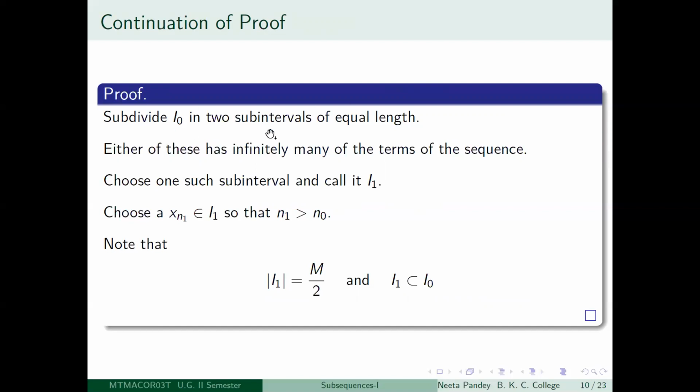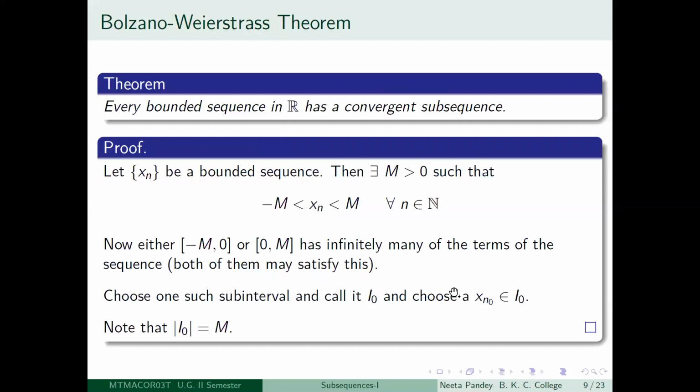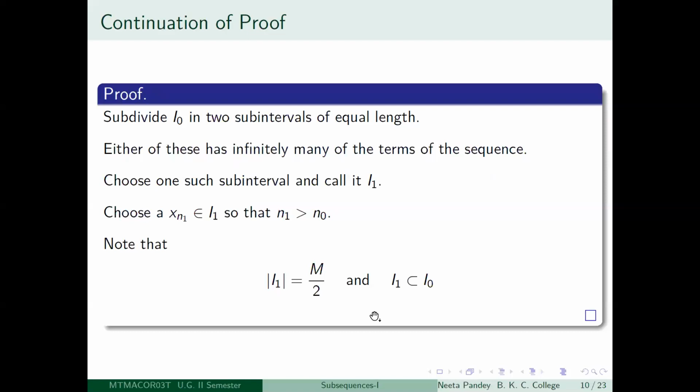But I0 has infinitely many terms. We have chosen I0 such. So when I'm subdividing I0 into two subintervals, at least one subinterval will have infinitely many terms of the sequence. So you choose one of these subintervals and call it I1. So I1 has infinitely many terms of the sequence.